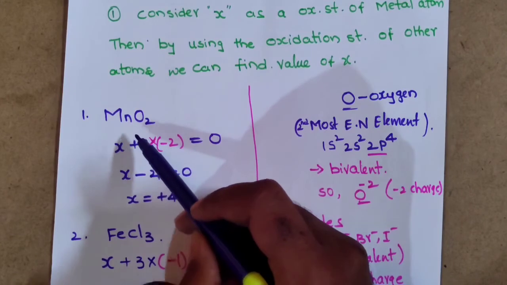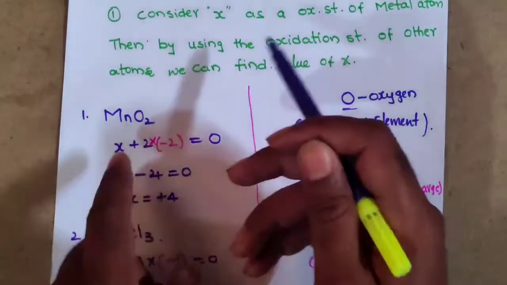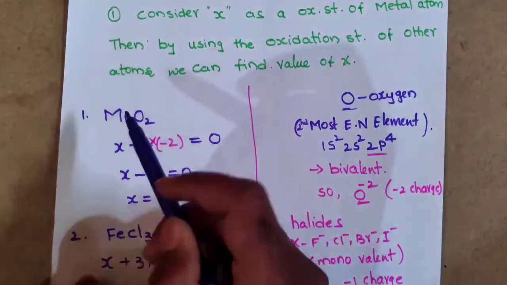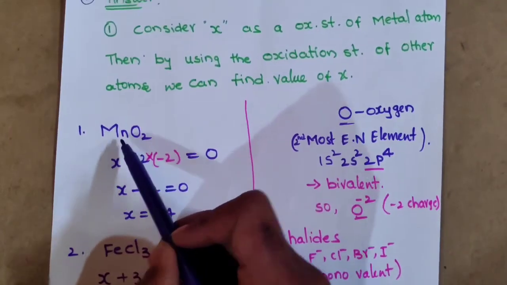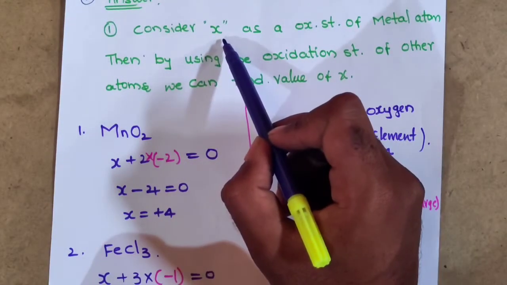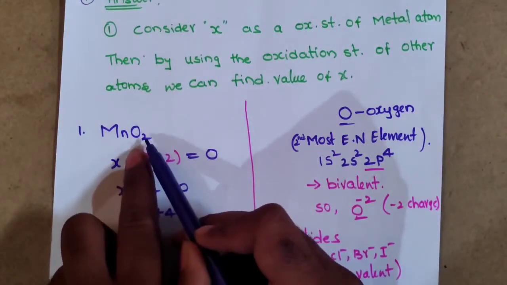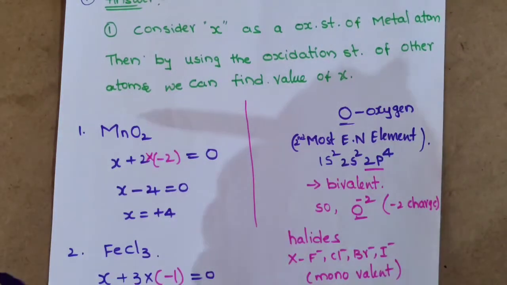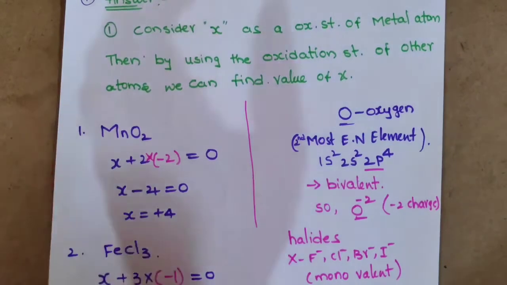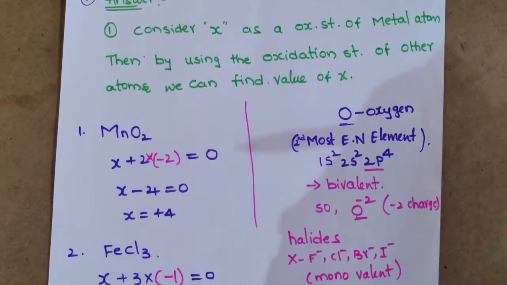So let us consider the oxidation state of that particular metal atom as X, and then we know that oxygen is a bivalent atom, and oxygen is one of the most electronegative elements in the periodic table.